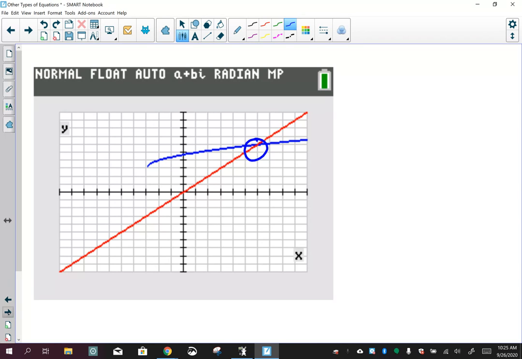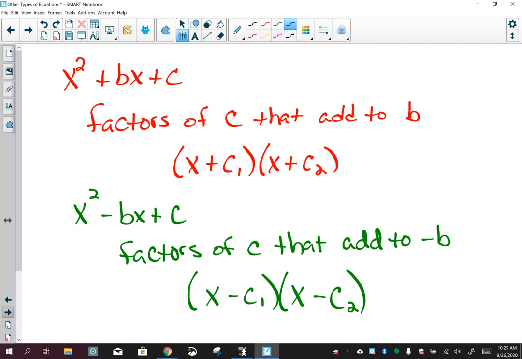Let's try it again. So I'm going to give you this. This piece here is just a reminder if you forgot how to go through the factoring piece. When you have the 1 in front of it, if you're just trying to remember how to factor, this is what everything factors down to. If you have your quadratic in this format, you're going to have something that looks like this.